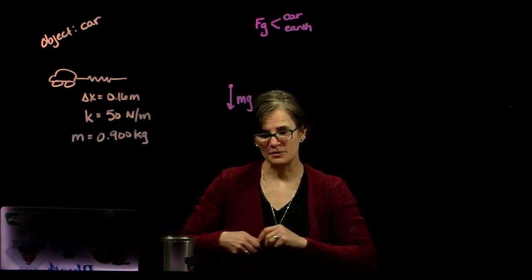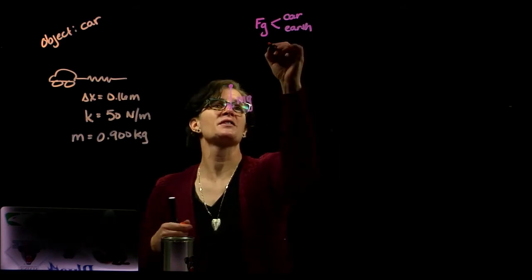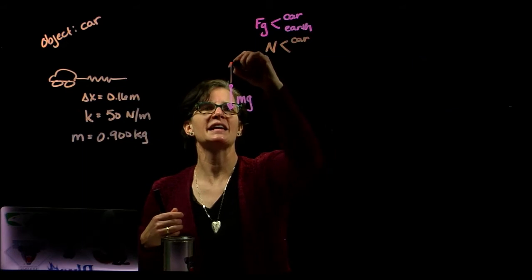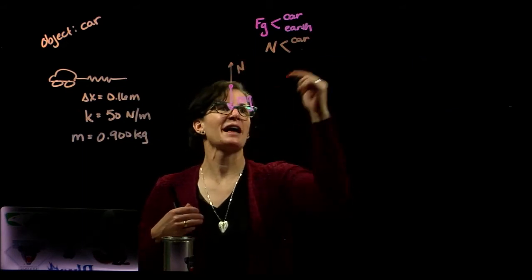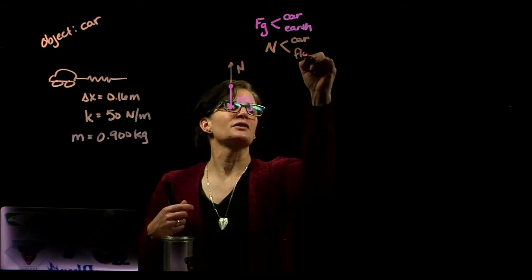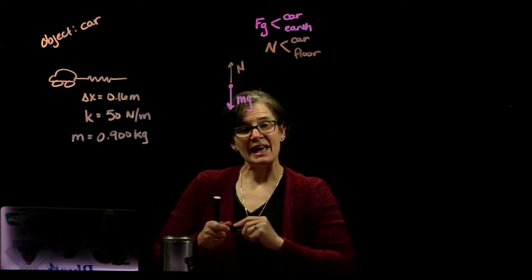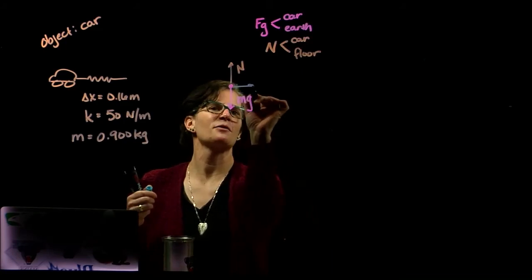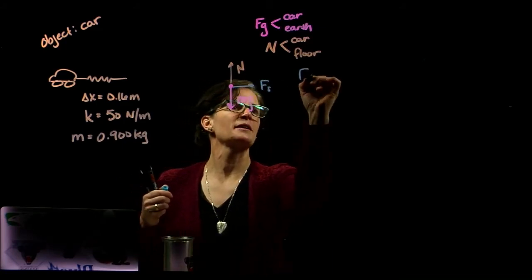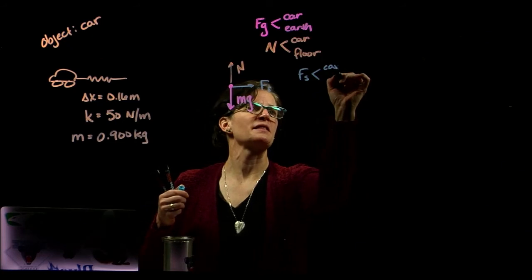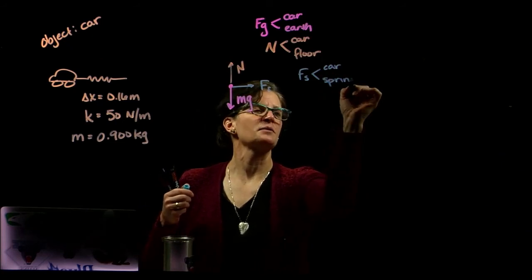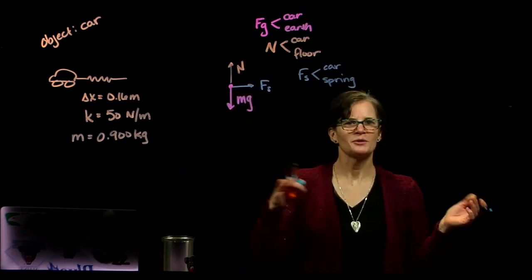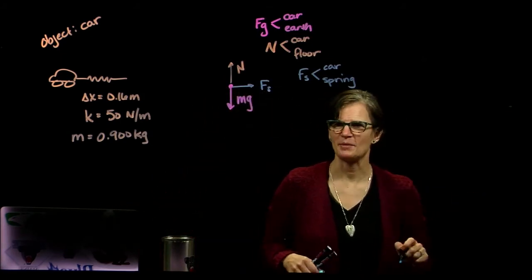The car's interacting with the floor, so we know that there's that normal force of interaction purely by it sitting on this flat horizontal surface. And we, of course, have the spring pulling the car. So we have the force of the spring, which is between the car and the spring. And that's it. No other forces are acting on the car. We're told to ignore friction in this problem.